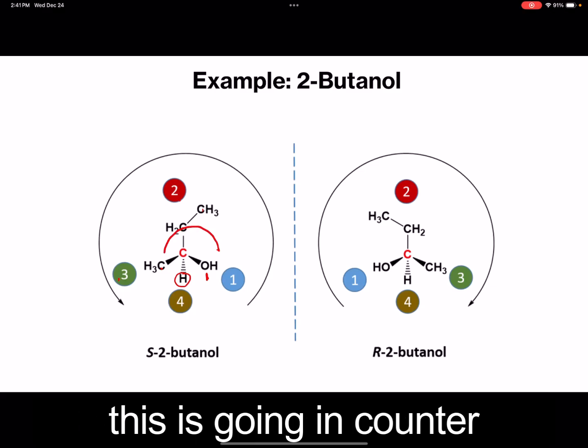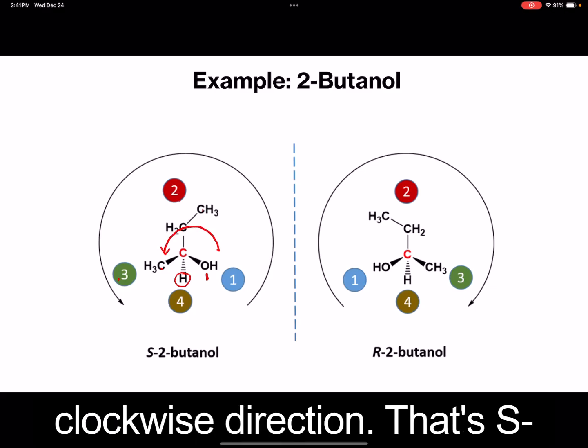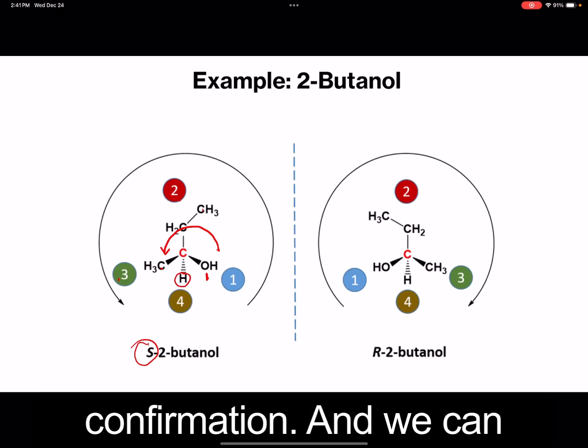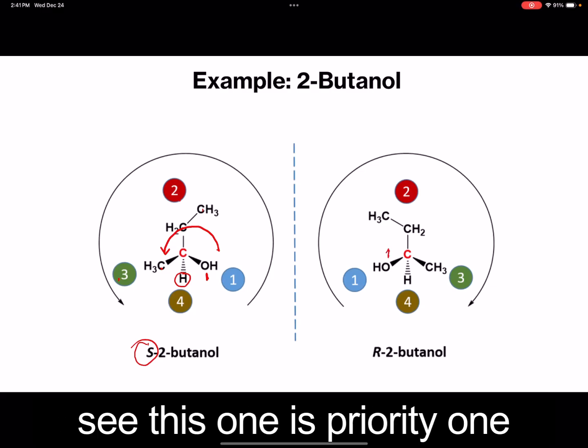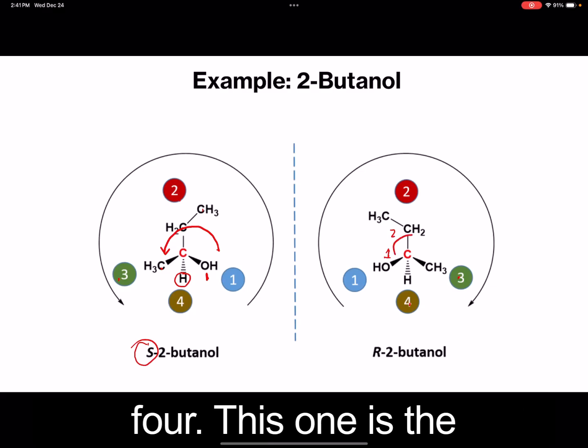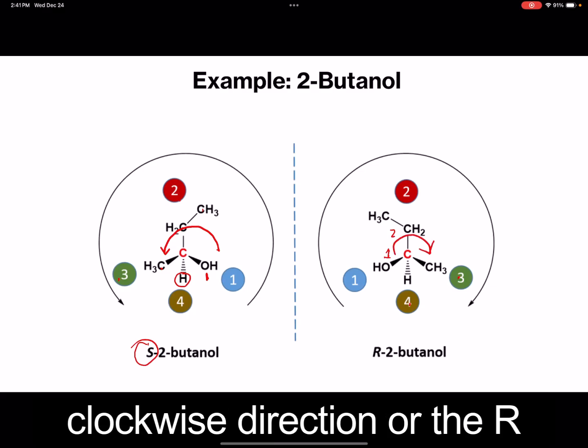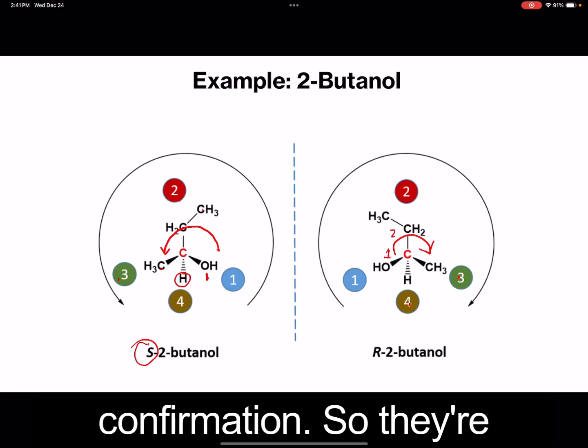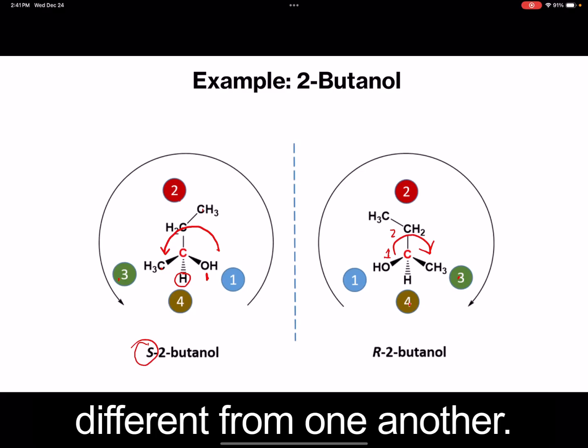So this is going in counterclockwise direction. That's the S conformation. And we can see this one is priority 1 here, priority 2, 3, and 4. This one is the clockwise direction, or the R conformation. So they're different from one another.